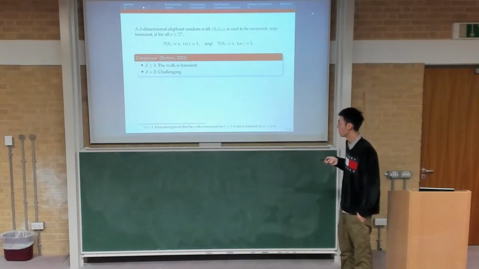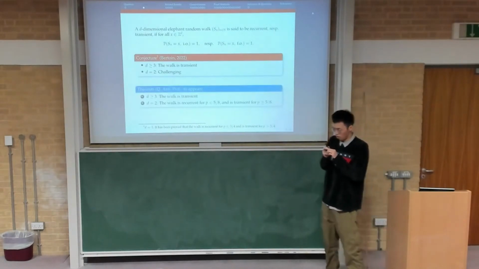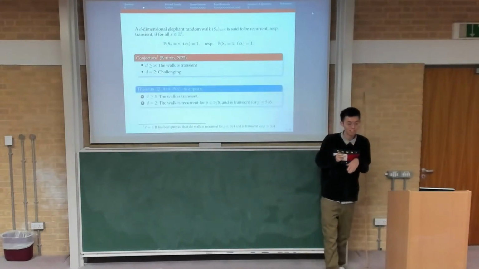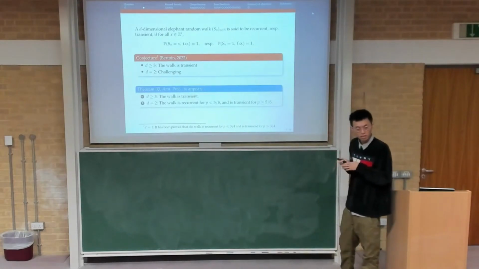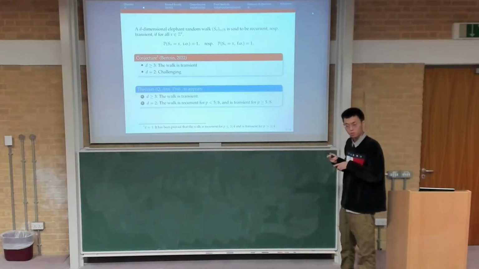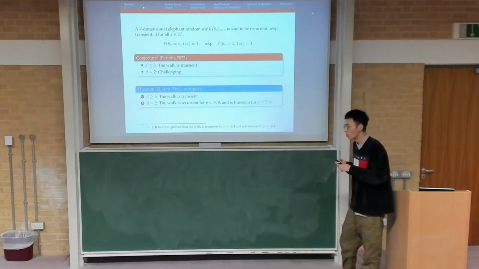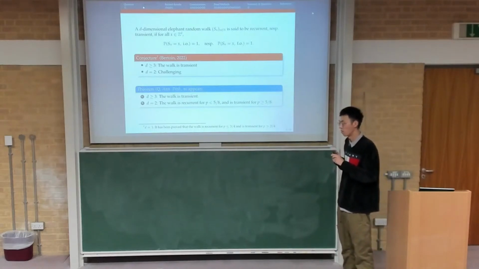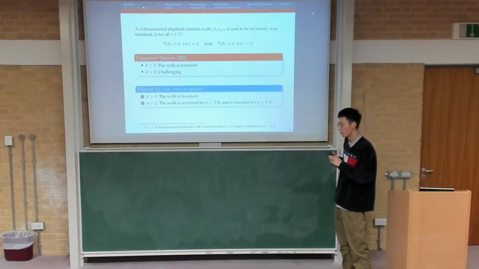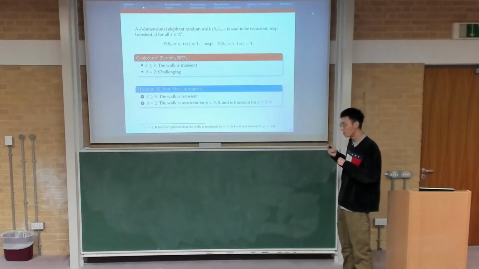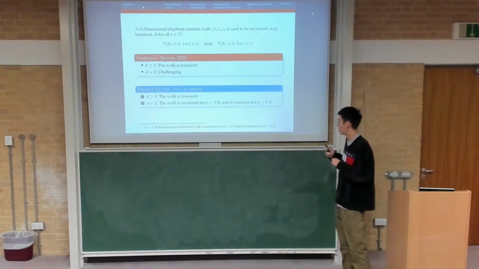So the main result is that in dimension at least 3 it is transient. In dimension 2, there is a phase transition between recurrence and transience. When p is less than 5/8, it is recurrent. When p is at least 5/8, it is transient.